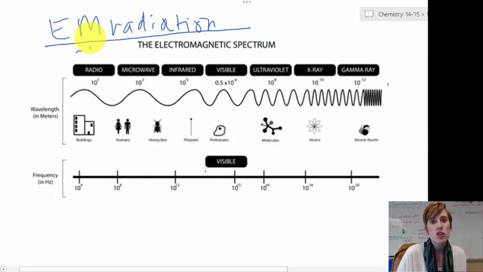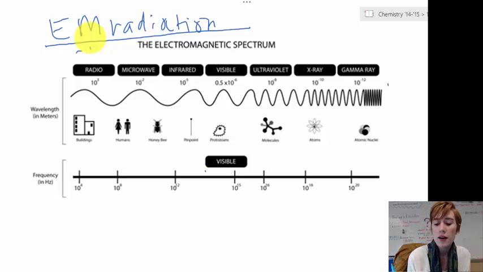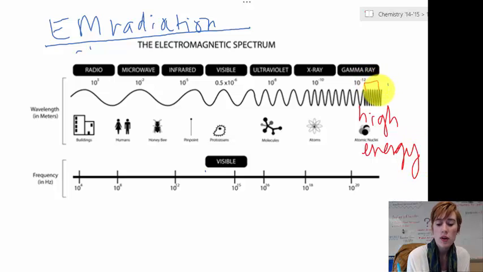In the next video, you're going to learn about what wavelength is and what frequency is. For right now, I just want you to know that wavelength corresponds with the energy of light. Light that has high energy has really, really short wavelengths. So high energy equals short wavelengths.